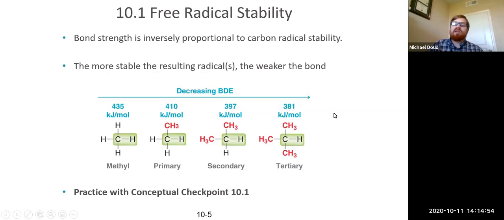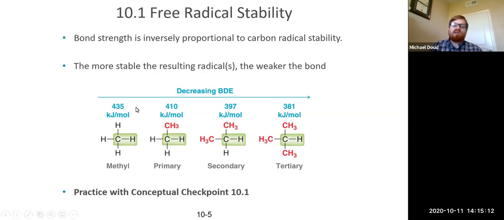Now, keep in mind that bond strength is inversely proportional to the carbon radical stability. Basically, the more stable your radical is, you can imagine the more stable the products are going to be, so the weaker that bond is going to be.